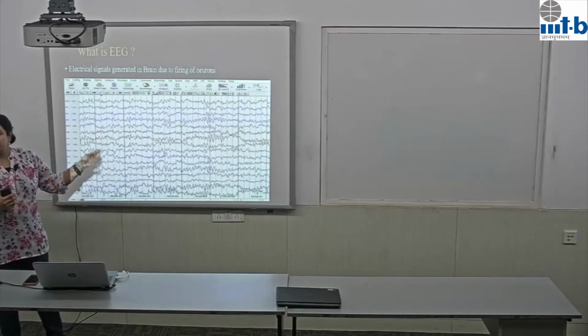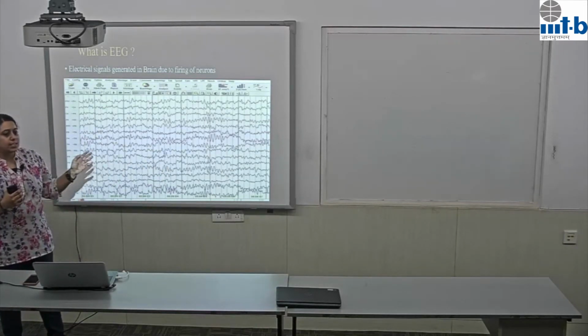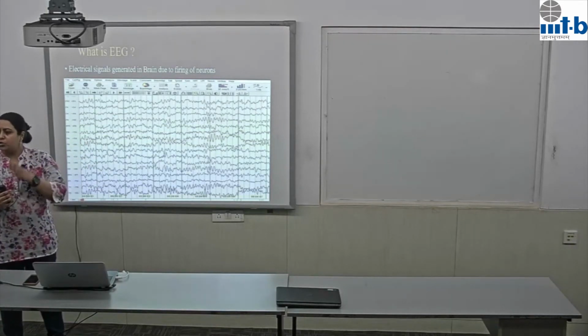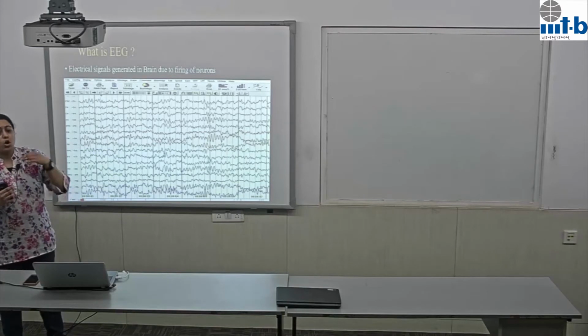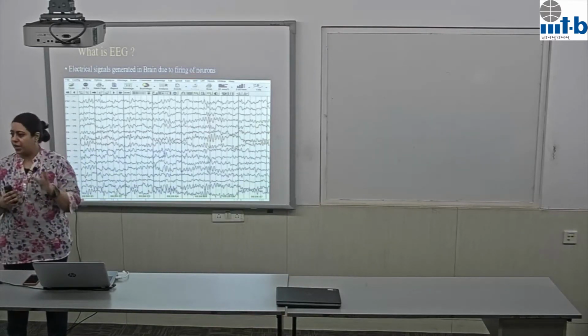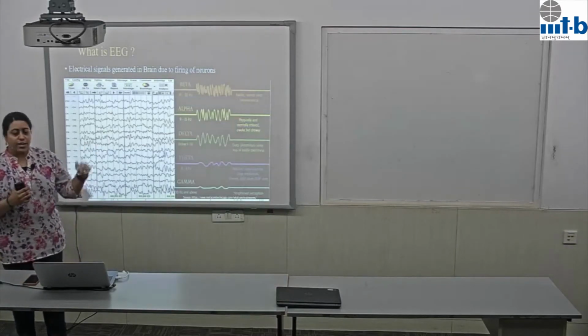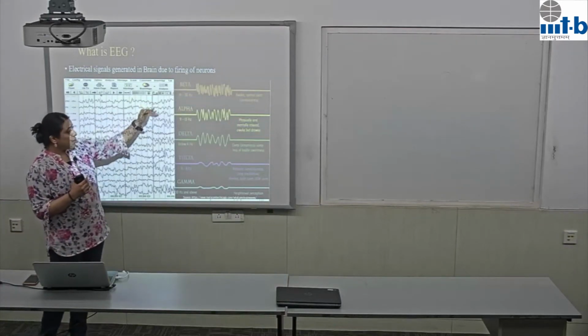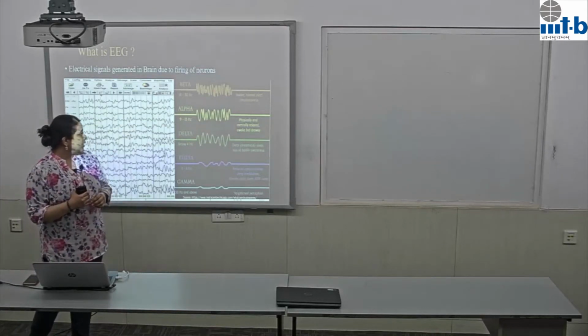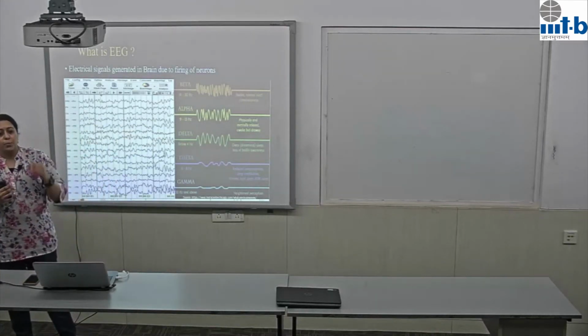In the literature, we have found that the 0 to 60 hertz frequency range contains the most useful information to characterize whether there is any disorder or what state of mind the person is in. This range can be further divided into subbands. Beta is from 14 to 30 hertz, associated with a highly active physical or mental mode.